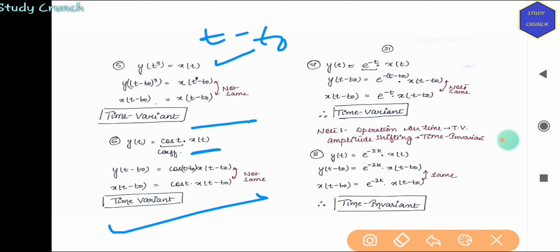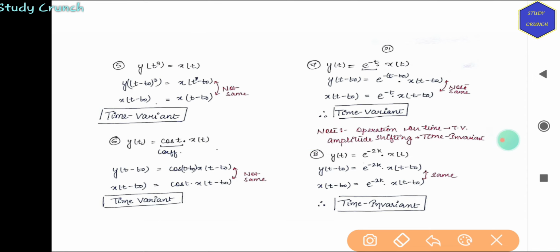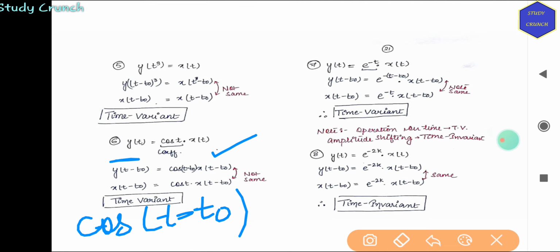So remember, if we have an operation on time or an amplitude shift, both of them will be time variant systems. So if we have an even coefficient, cos of t minus t naught, this will also not be equal to y(t minus t naught), so it will be a time variant system.